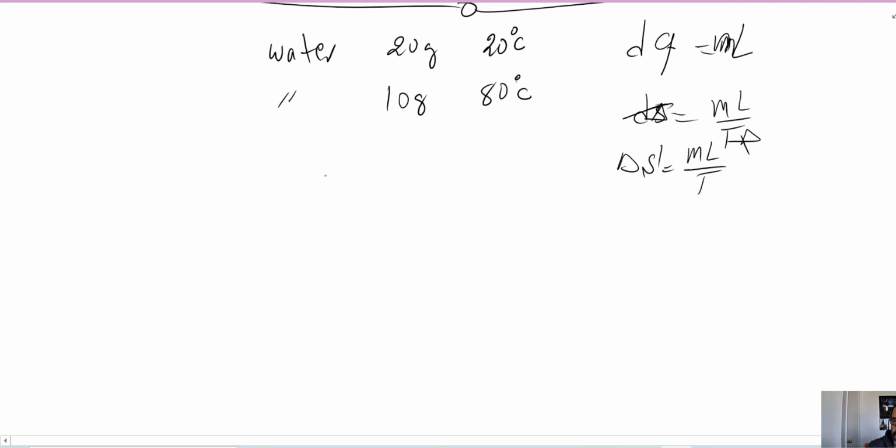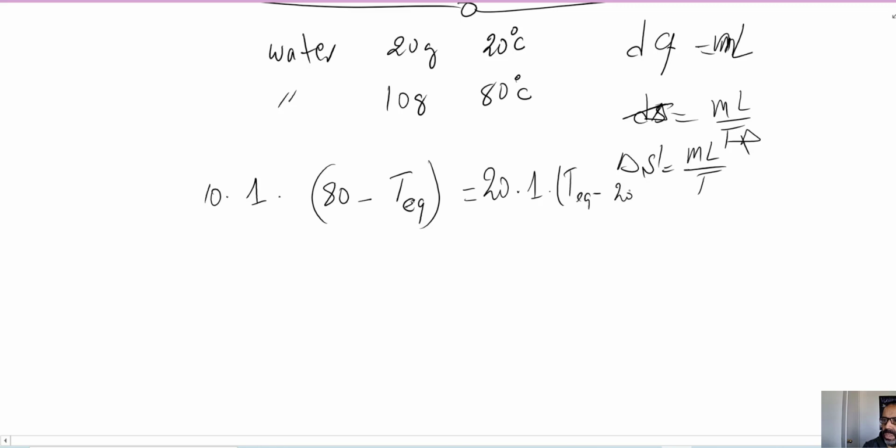The hot water at 80 degrees Celsius will go down to a temperature where both are in equilibrium, times the 10 grams times the specific heat, which is 1 calorie per gram per degree Celsius. This will be the amount of heat taken by the cold one, which is 20 grams times 1, the same substance, times T equilibrium minus 20 degrees Celsius.